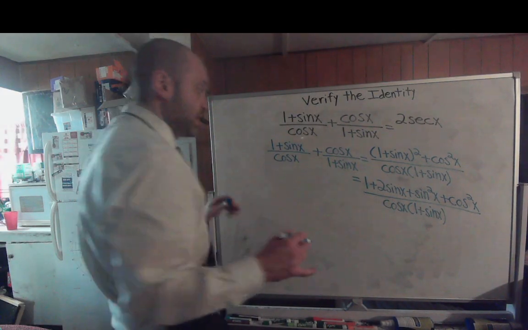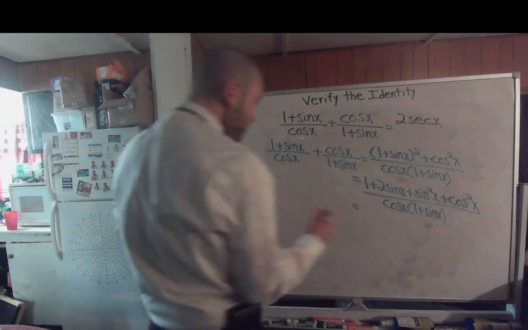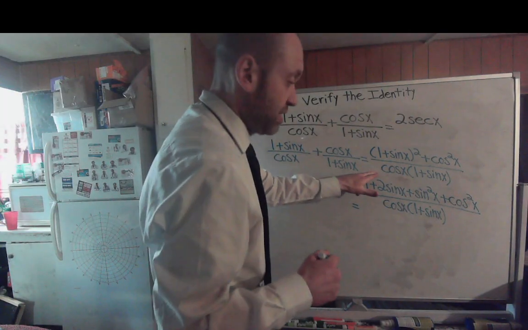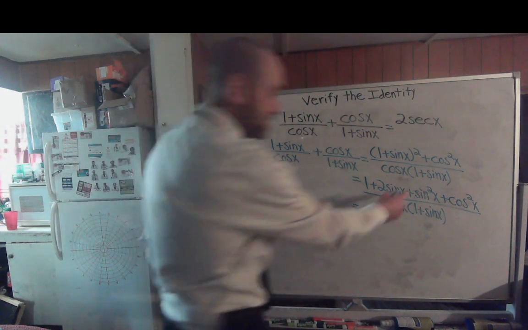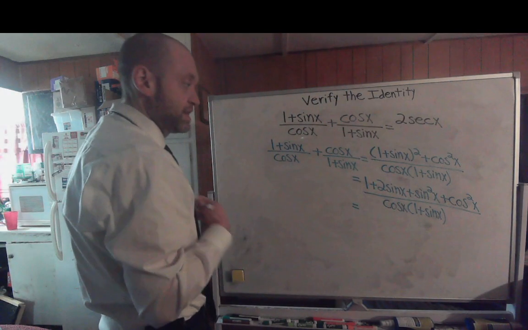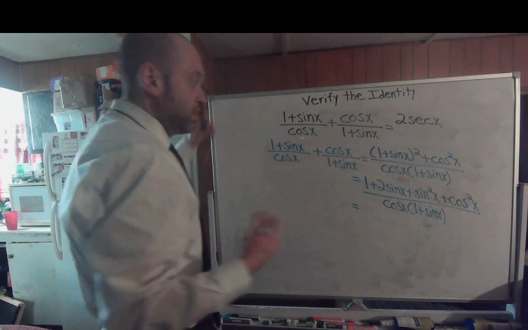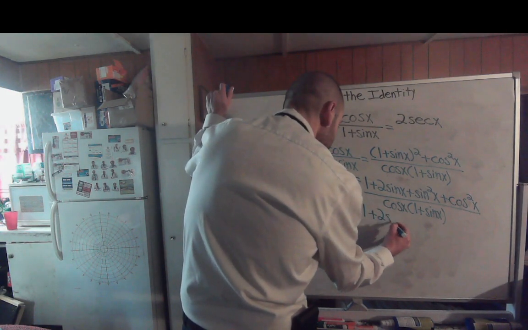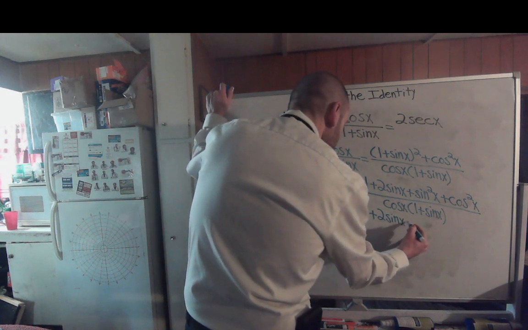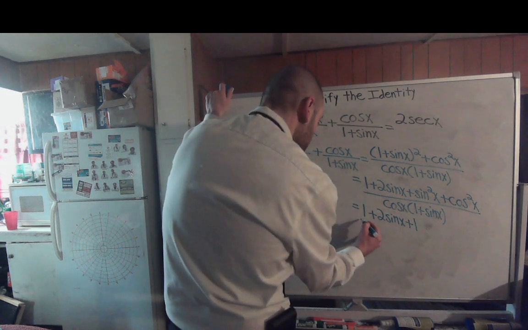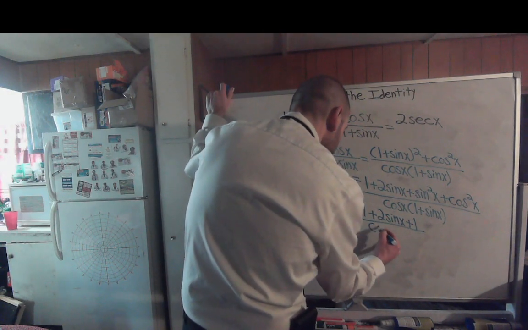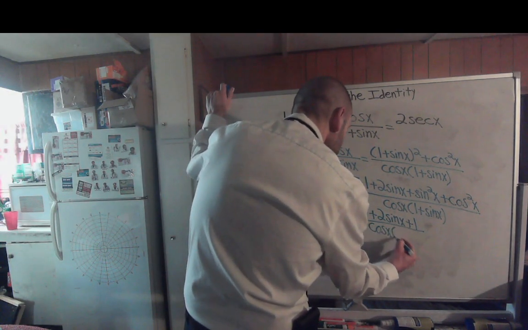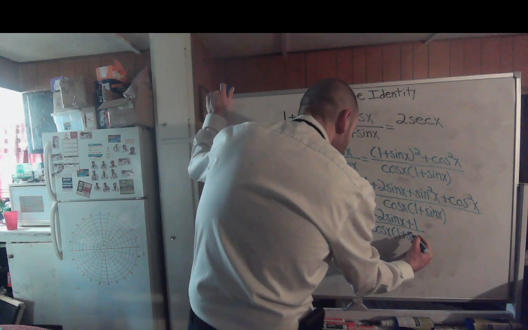Alright, let's pause for a minute here, because that numerator looks really bad with quadratics. But what's the sine squared of x plus the cosine squared of x? That's simply 1, right? So this will turn into 1 plus 2 times the sine of x plus 1, all over the cosine of x times (1 plus the sine of x).